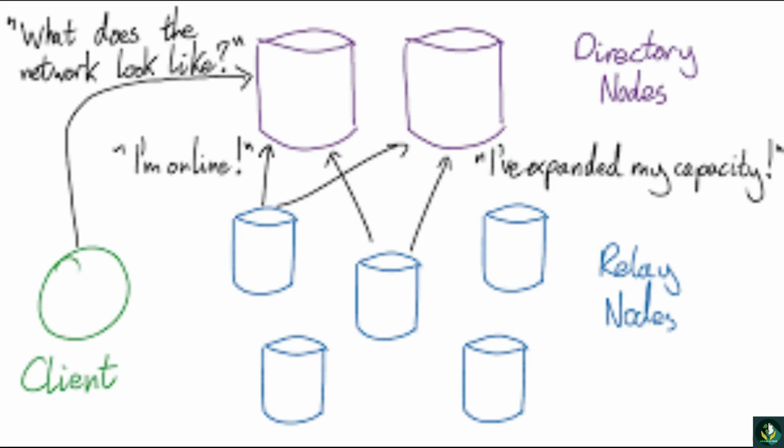Tor works in the middle between the user and the destination. First the user goes to the Tor network, and the attacker targets the user before they go to Tor. Then the user's request goes to the entry guard, middle relay, and exit node.